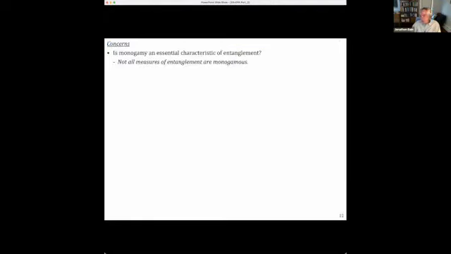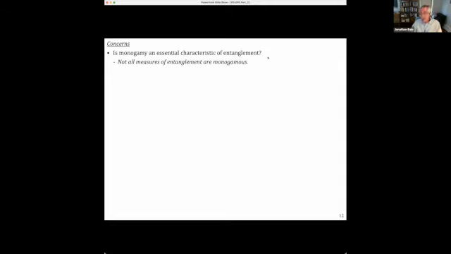Now, with respect to this claim, there are a couple of concerns that we might voice. The first is a general concern about the constraint of monogamy. Is monogamy an essential characteristic of entanglement? It turns out not all proposed measures of entanglement are monogamous.